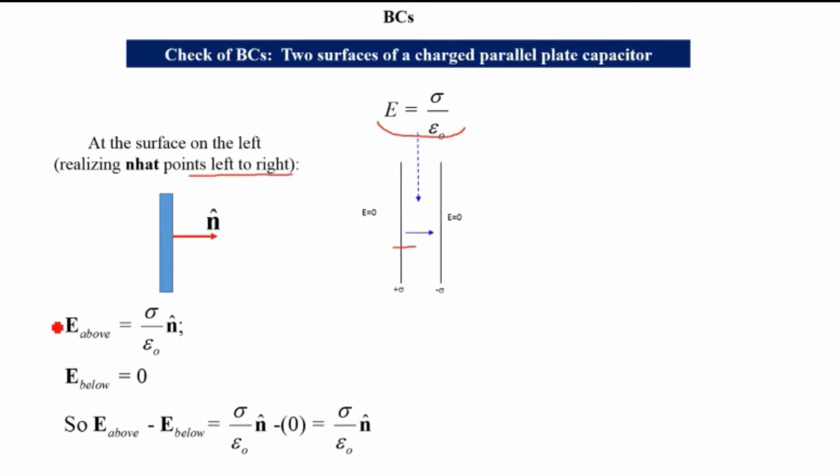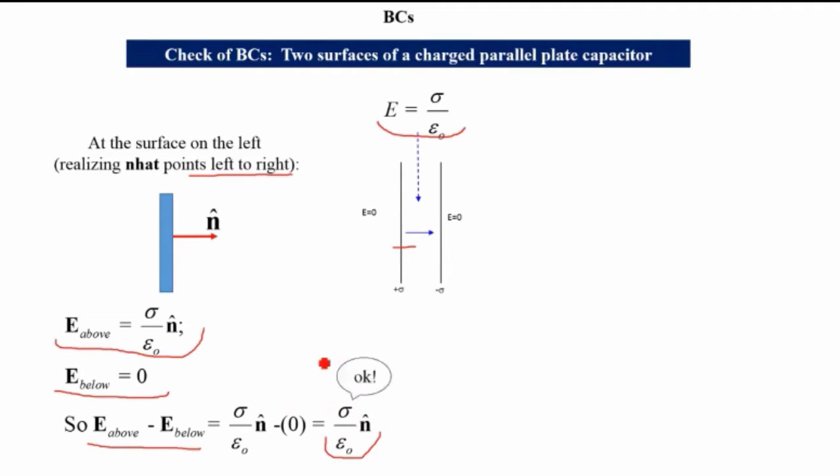Let's look at the E field. It goes above the surface. It's equal to this quantity here, as we have just stated up here. It's uniform in that space. We're inside a metal, so therefore below is 0. So now take the difference. This is 0. So we end up with this quantity right here, which is again back to our boundary condition that we derived for E total.